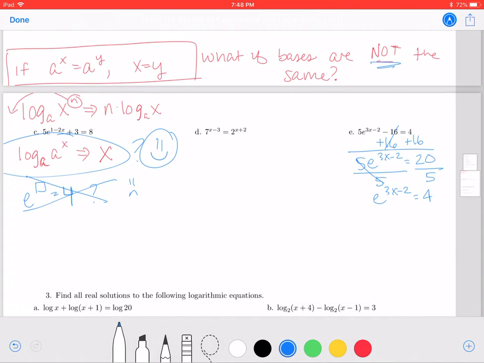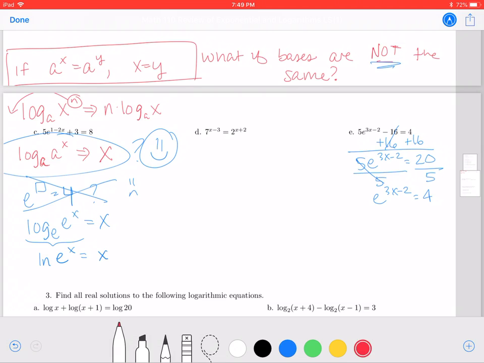Yes, I can. And we know that if I take log base e of e to the power of x, it's just equal to that exponent. Well, we can even simplify this further or rewrite it because we know log base e is really natural log. So that means natural log of e to some exponent is just equal to that exponent.